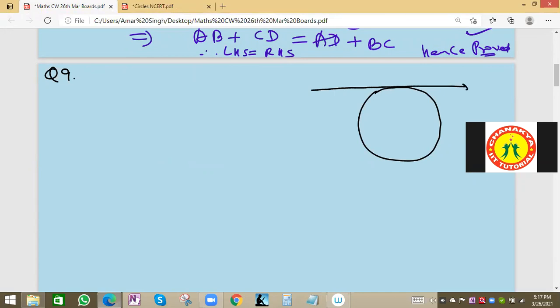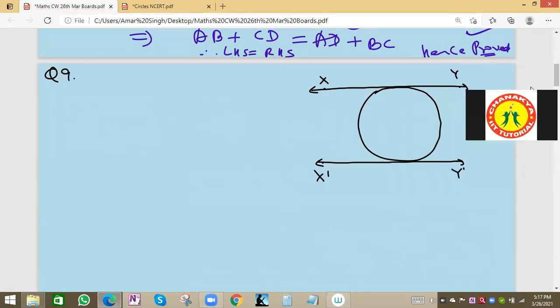I will write the question here. Just find the solution. XY is one line, and here X dash, and this will be Y dash. And here we have the center of the circle O.